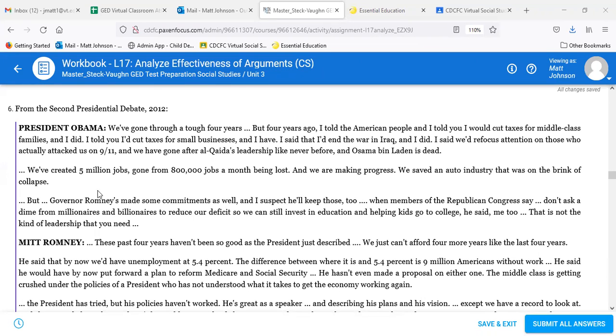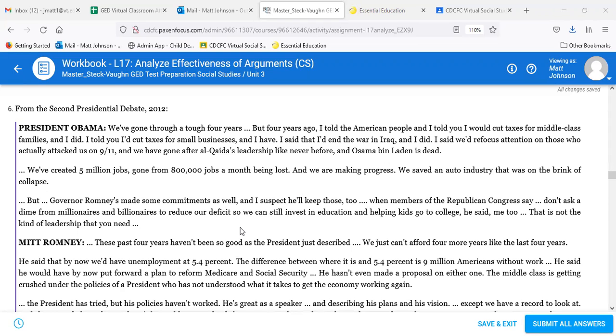We have created 5 million jobs, gone from 800,000 jobs a month being lost, and we are making progress. We saved an auto industry that was on the brink of collapse.